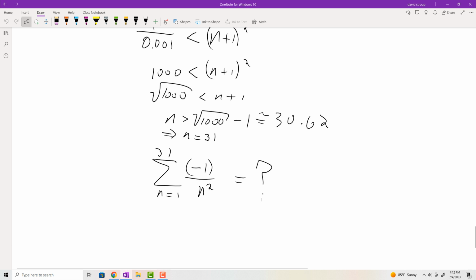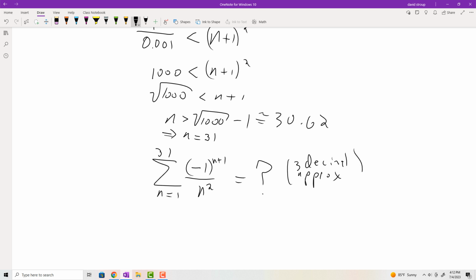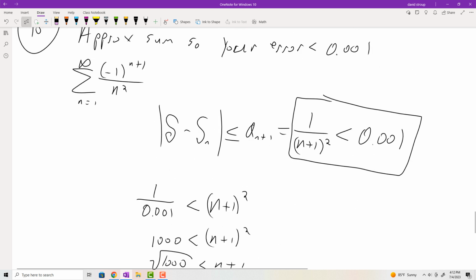Whoops, I lost the exponent apparently. So this would be n plus 1. Please don't do it by hand. Go and use a calculator to get that number. 3 decimals, please. And that should be really, really close to the actual sum, right? It should be less than 0.001 off.